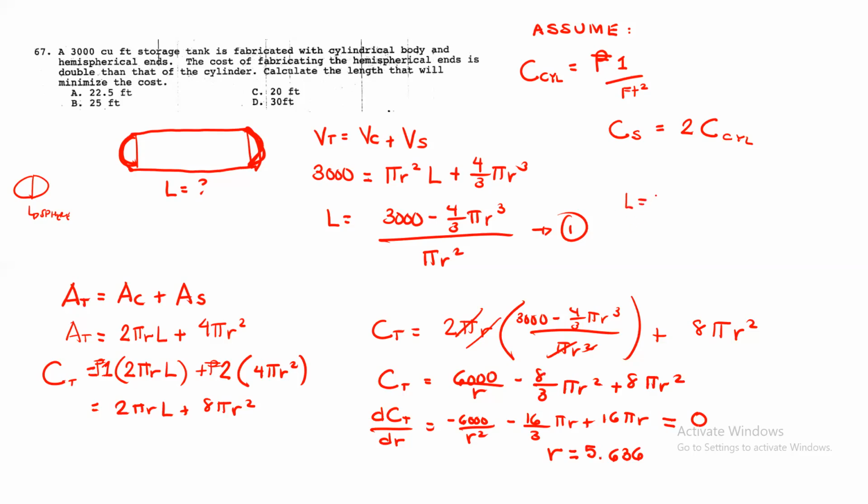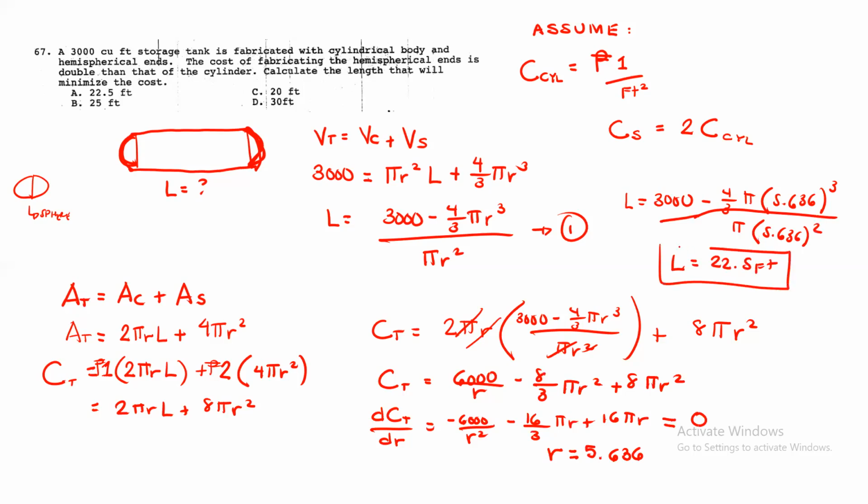So length is equals to 3,000 minus 4/3 pi times 5.636 raised to 3 divided by pi times 5.636 squared. So makuha nating length dyan is 22.5 feet. So medyo mahaba yung solution niya guys. So ganyan lang siya.